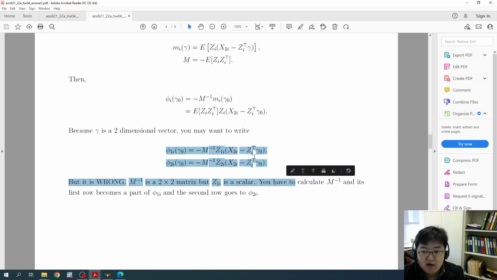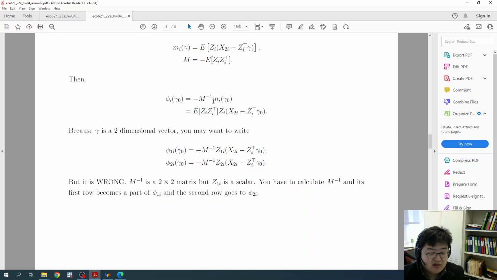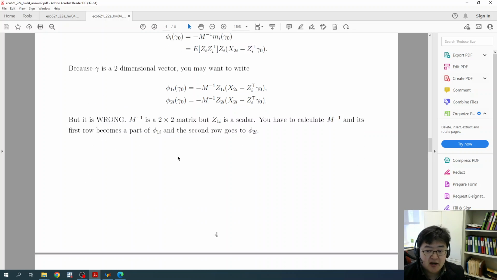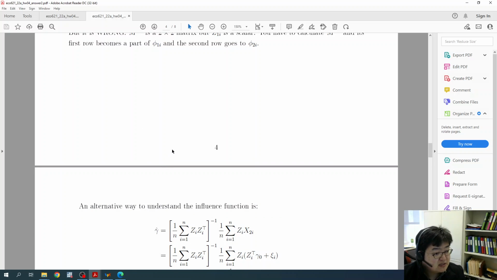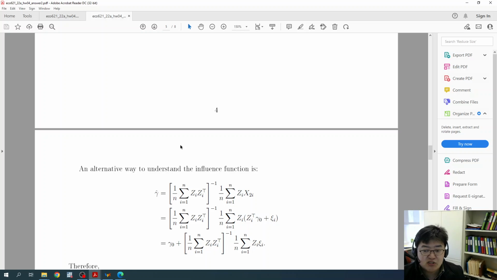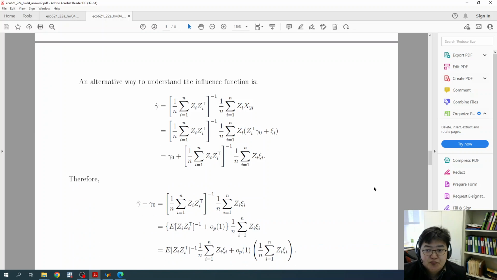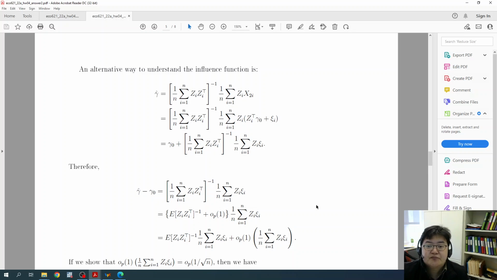This is wrong, but if you calculate this inverse, then element-wise, you can get phi1 and phi2. That's dirty algebra, but let me show you an alternative way to handle this question. I did not do it carefully in class, so let me use this as a chance to show you what is going on.